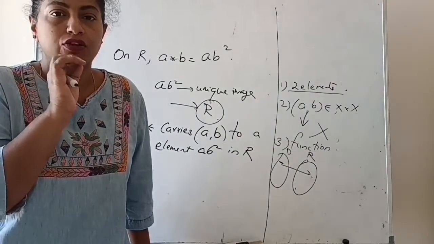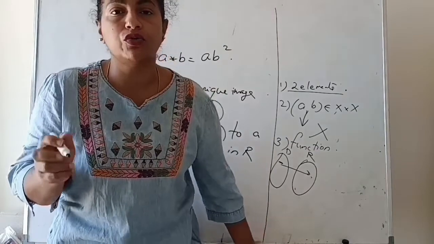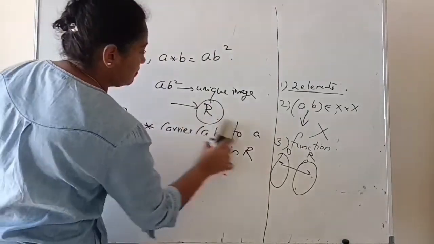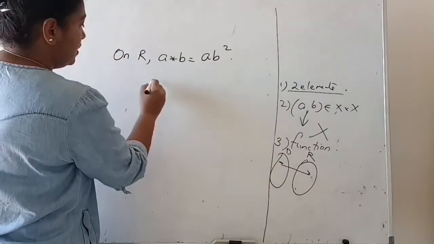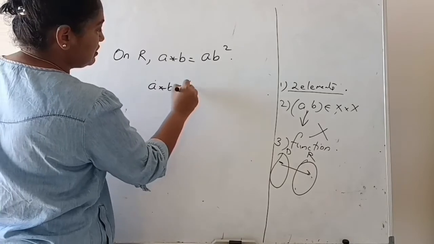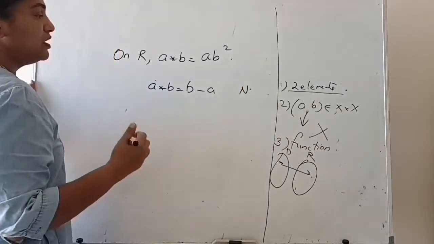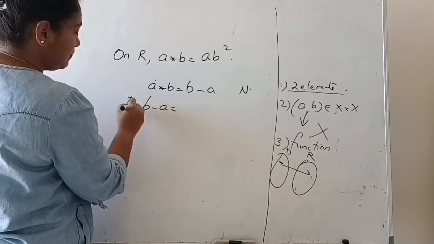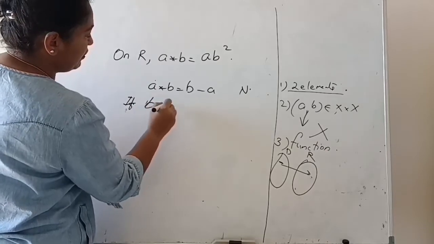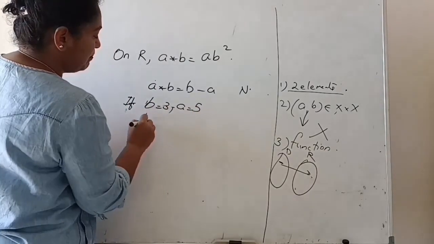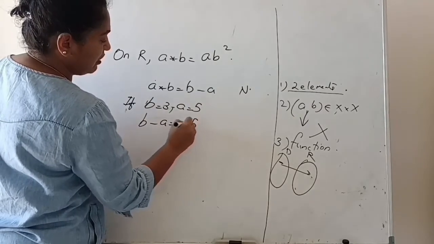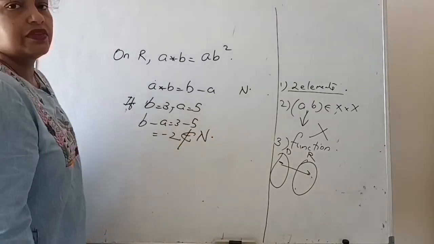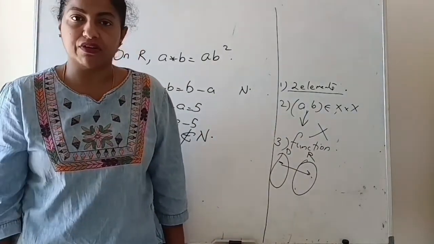So then how will you write something is not a binary operation? To prove something is not true, you only need to give one example. As in the previous sum, the binary operation a binary b was b minus a, which was defined in N. You only need to say that b minus a, if b is equal to 3 and a is equal to 5, b minus a equals 3 minus 5 equals minus 2, is not an element of N. Therefore, it is not a binary operation.